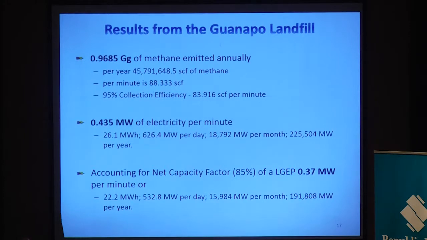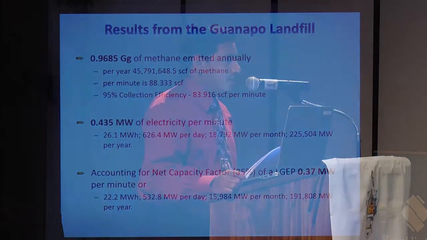And the Guanapo landfill, 0.96 gigagrams of methane is emitted annually, which boils down to 0.435 megawatts per minute, and accounting for parasitic loss, gives 0.37 megawatts.